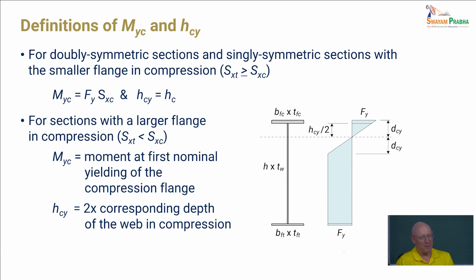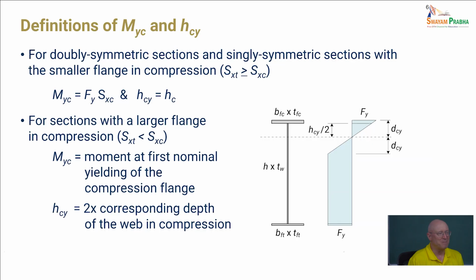So we've cleaned that up, and we no longer need this tension flange yielding limit state to try to stay away from trouble where the equations are not valid. We calculate the yield moment mechanistically for this case. And just like if you had a composite section, with a composite slab in positive bending, you've got effectively a large compression flange at the top.